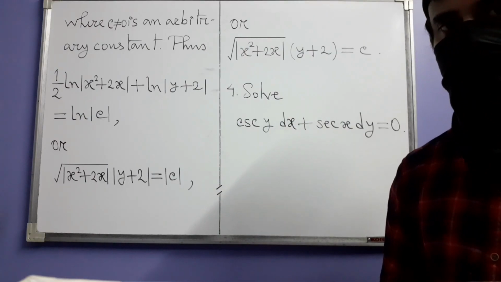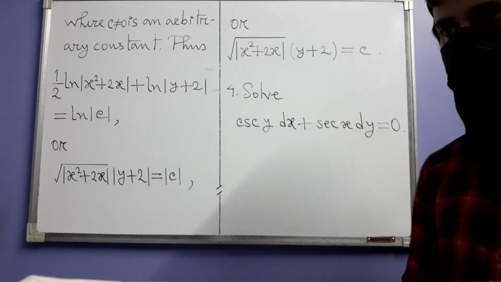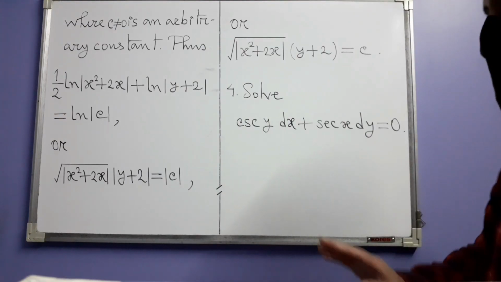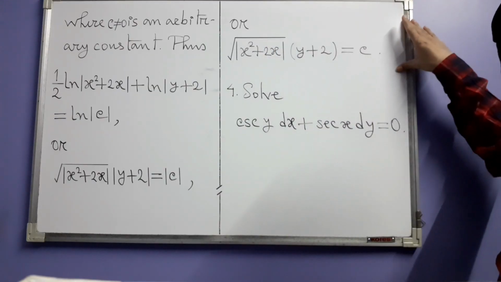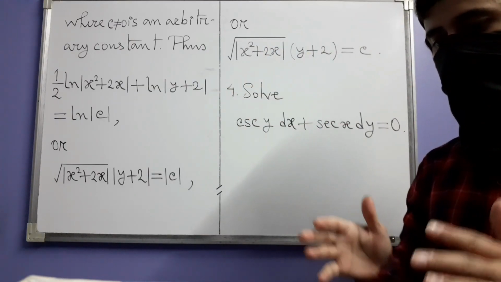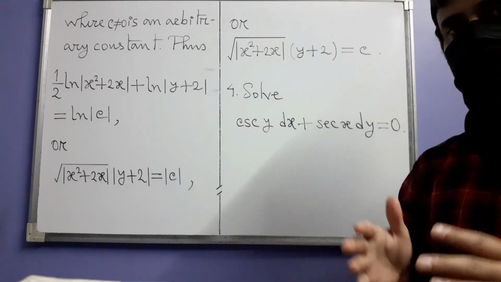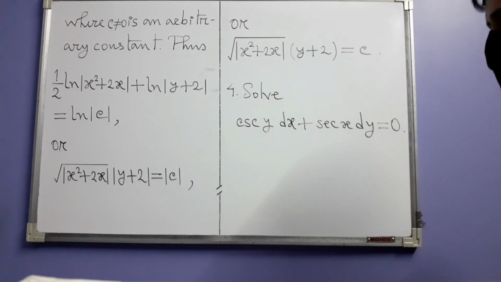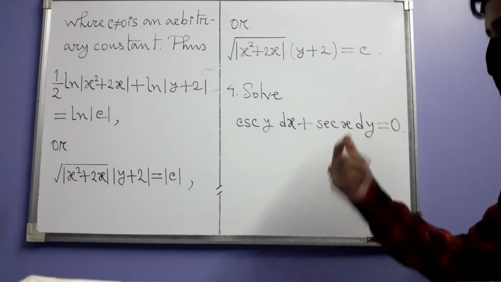It may not be, or it may be, but that's not really our concern here. We are not trying to see whether whatever we are ultimately getting really is a solution or not. Here the main thing is learning to apply the method. That's what it is. Okay, so with that understanding, let us now solve this one.